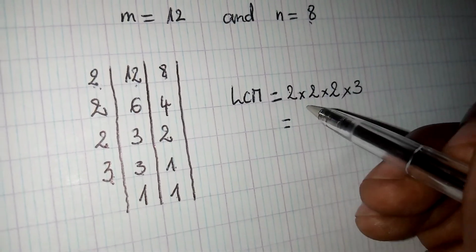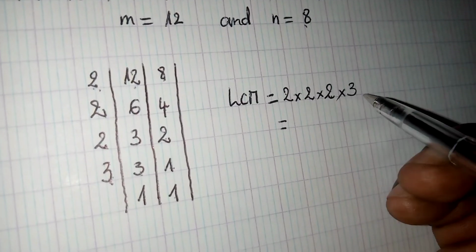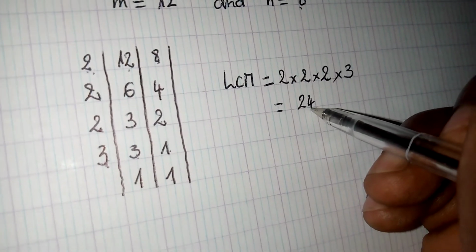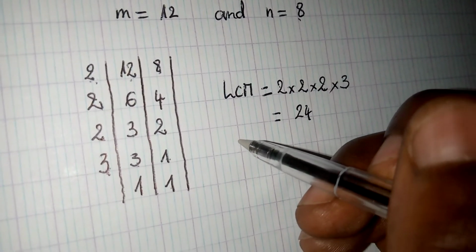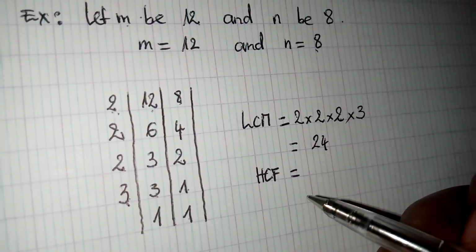We'll have 2 times 2, which is equal to 4, then 4 times 2 is equal to 8, then times 3 will give 24.